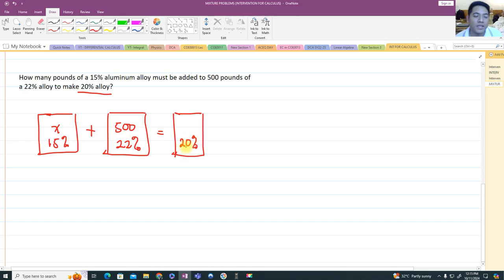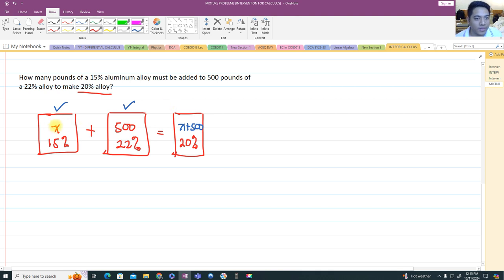What is the amount of that 20% alloy? Obviously, if we mix the two, the amount would be x plus 500. We just add the amounts so that it becomes x plus 500.